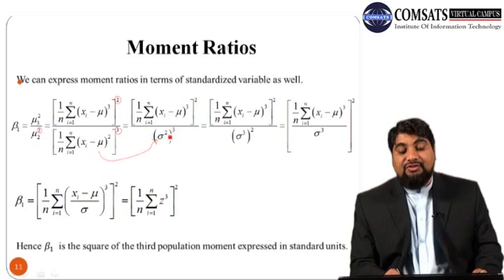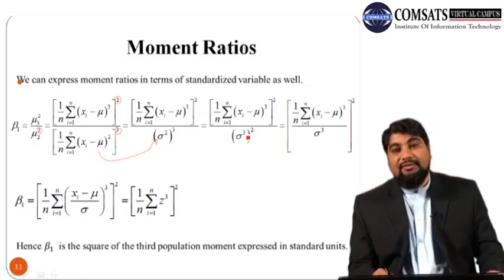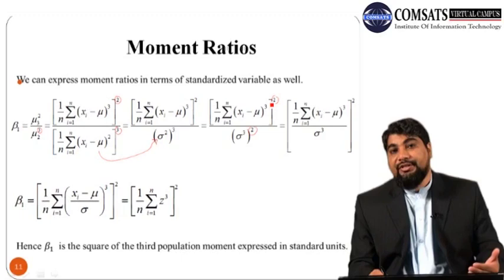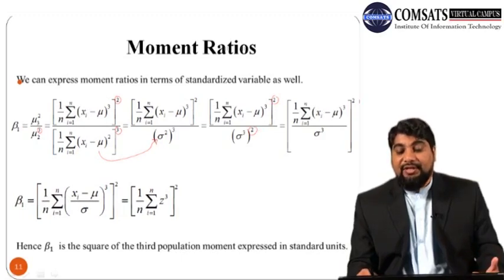In the next step, this sigma square whole cube we can write as sigma cube whole square. It is actually sigma to the power 6, so just using a trick, I have written it as sigma cube whole square. In the next step, since we have a square in the numerator and a square in the denominator, we can write it as a whole square, and we can divide this expression by this.